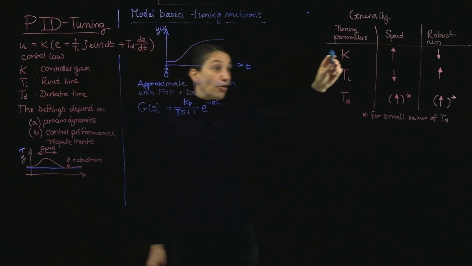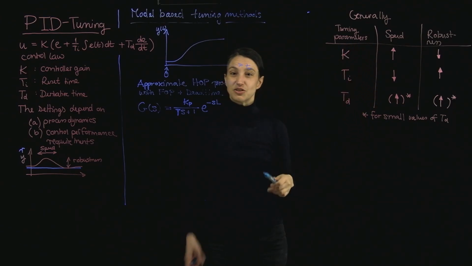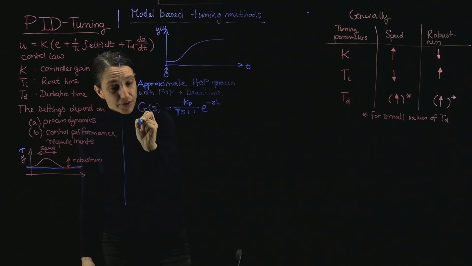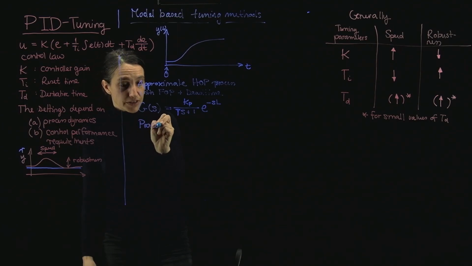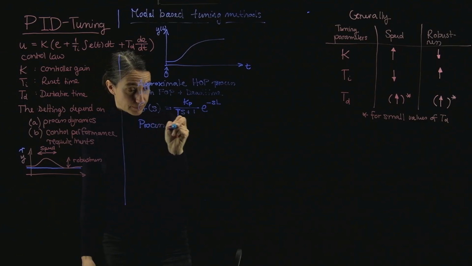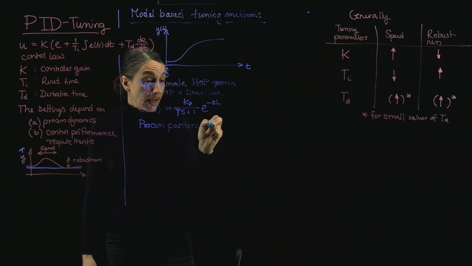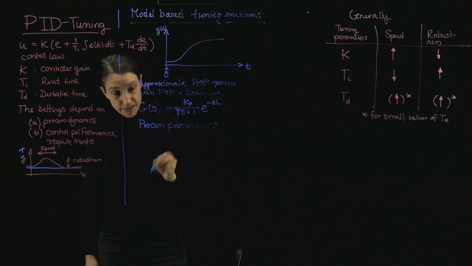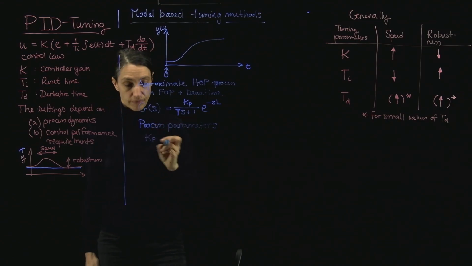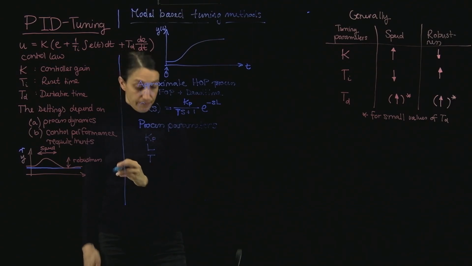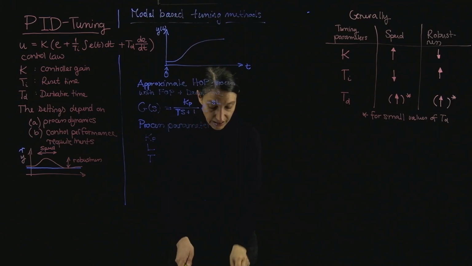So now we have 3 model parameters. We have 3 controller parameters, and just to be on equal footing, we have the process model parameters. I'm going to call them process parameters. And these 3 parameters are Kp, L, and T. How do I read that out?